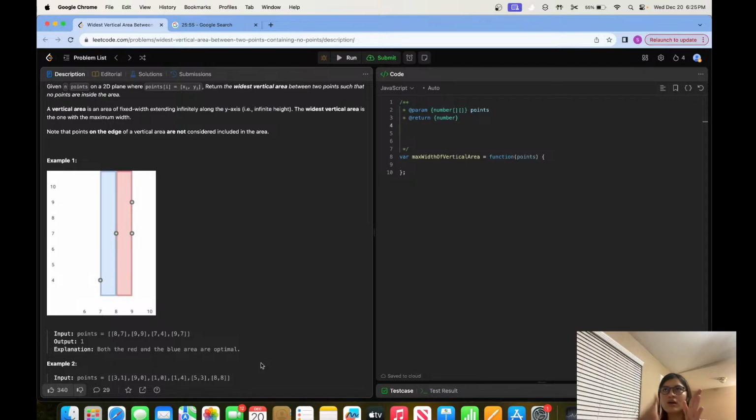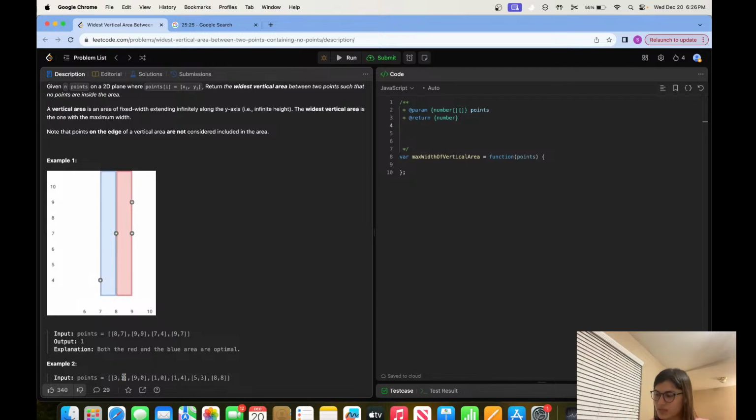So I need to find the widest gap along an axis, right? Because I'm considering the points x and y, which values would I consider? Suppose the point is 3, 1. I think that I should only consider the x-axis value here. Does the y value play any role here?